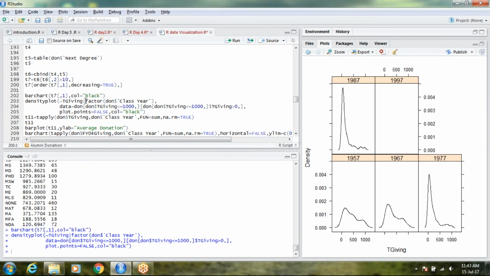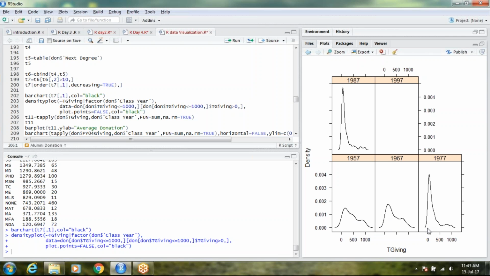As you can see, I have provided a pipeline of factor. It has made a factor of class year, and on the basis of that, it has provided a density plot for each year. So there you have some donation.